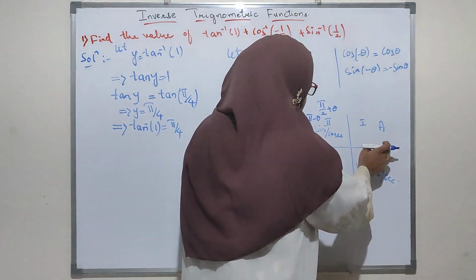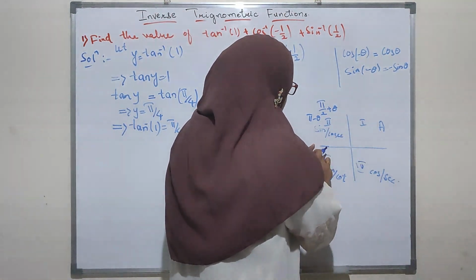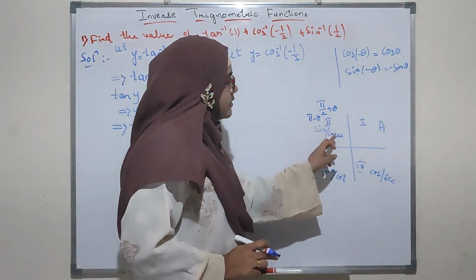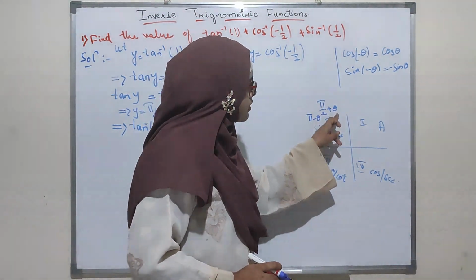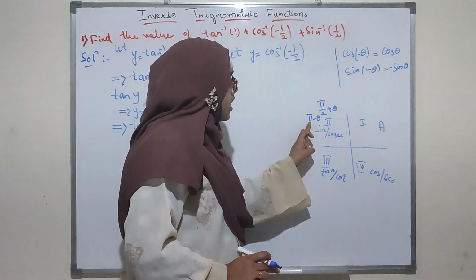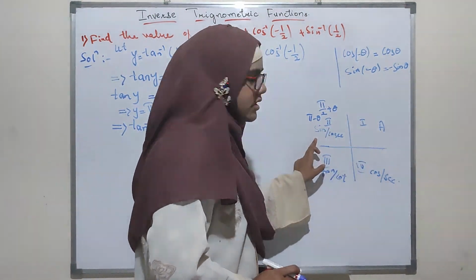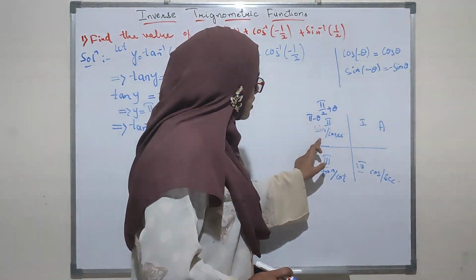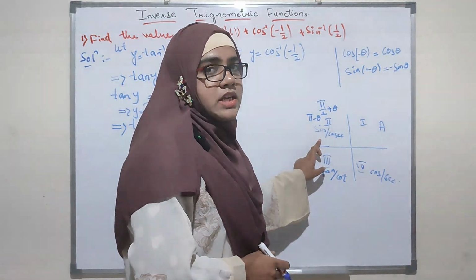Here the range is from 0 to pi. If we take pi minus theta, it comes in the second quadrant. Pi plus theta also comes, and the range is 0 to pi. So pi minus theta also gives the same value.